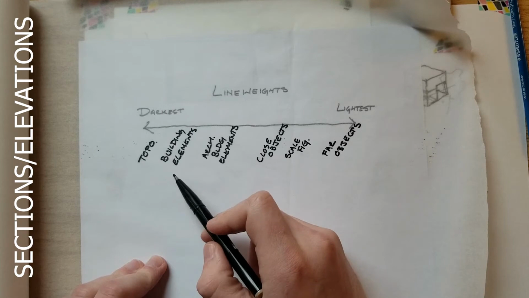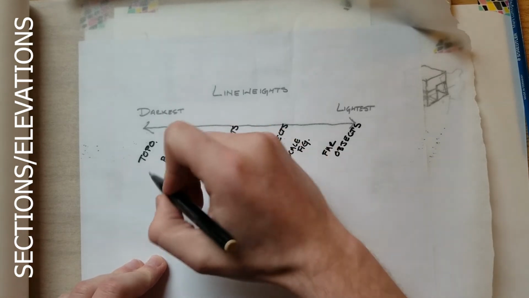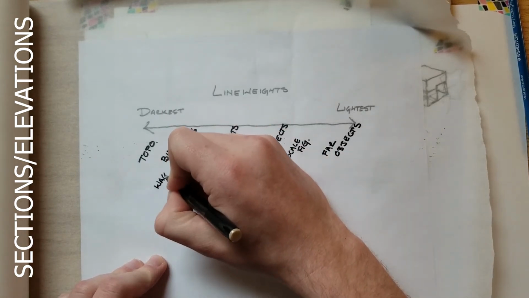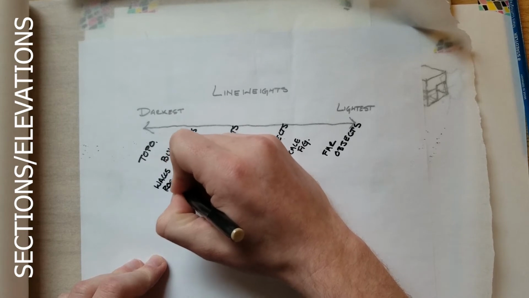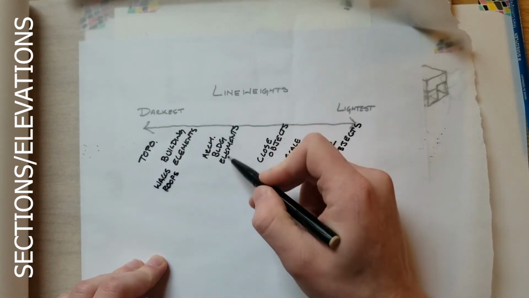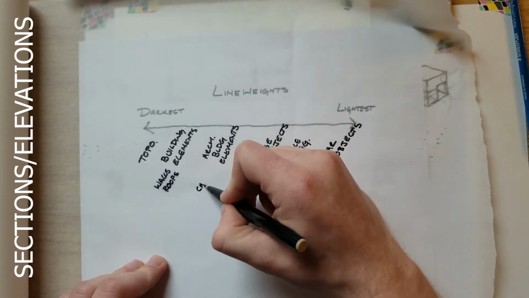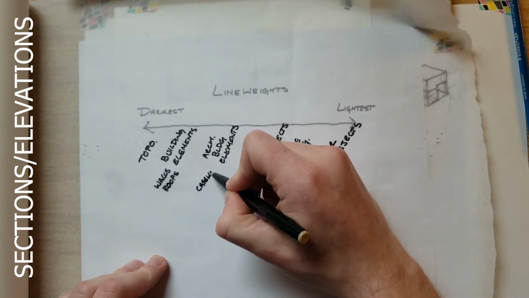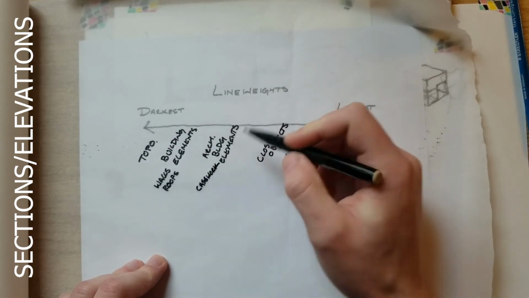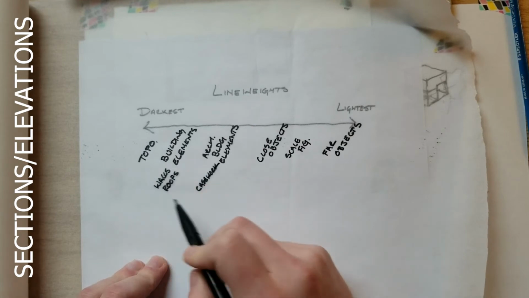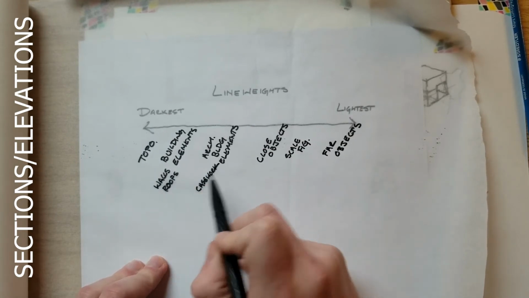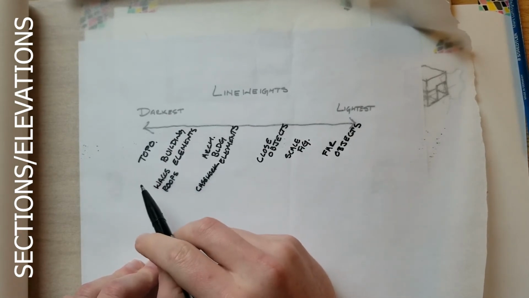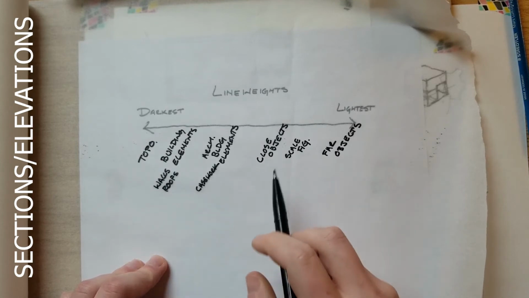Next is your building elements, so your walls and your roofs. It's actually the architectural ones. Your architectural building elements, this is your casework. So your cabinets, if you're cutting through a door or something like that, these are all still fairly dark, but there's still a logic to them because this is the highest priority, and then it goes down.